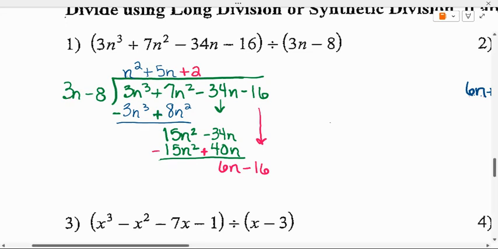So 2 times 3n is 6n, and 2 times negative 8 is negative 16. And you guys already know when you get to this part, if they look exactly the same, you should be able to stop right there and know that they equal 0. So your quotient, n squared plus 5n plus 2.